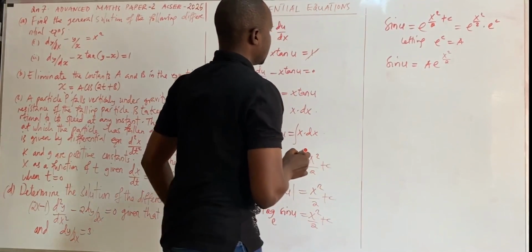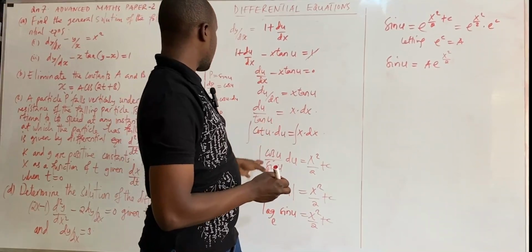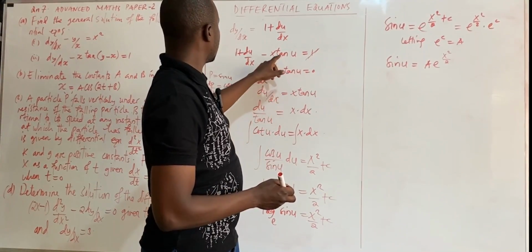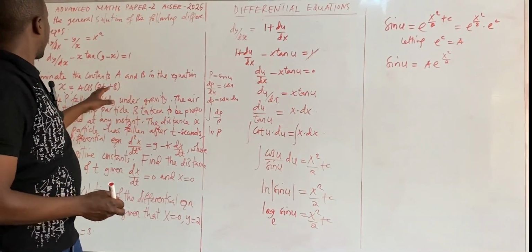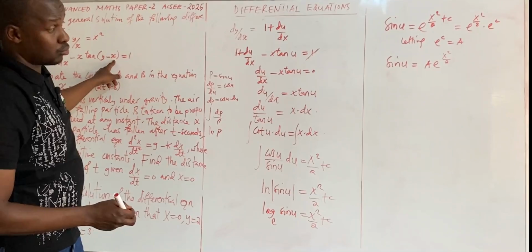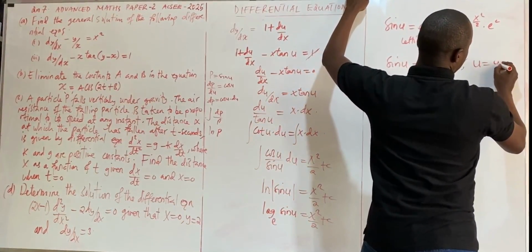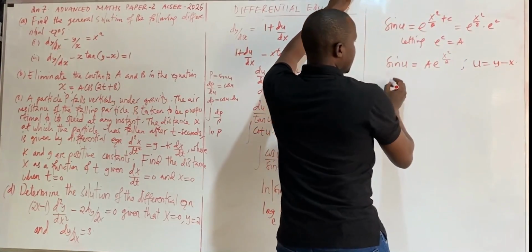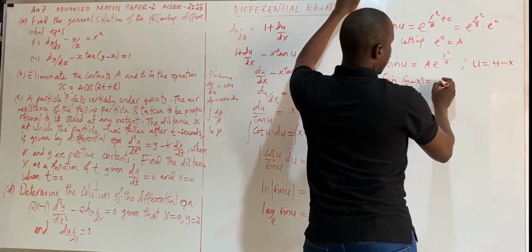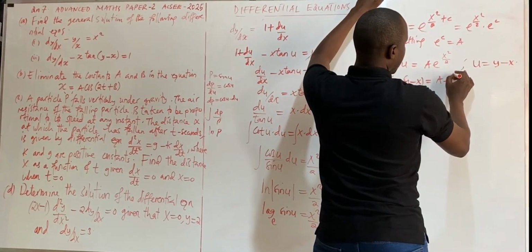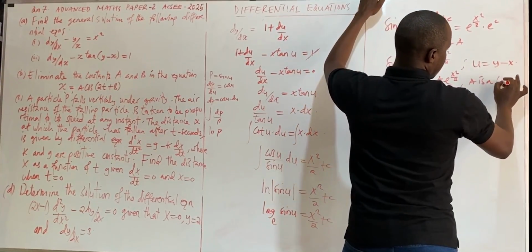Now from there, we need to replace the letter u. Remember, we formally said y minus x equals u, that is, u equals y minus x. So here it will become sin(y minus x) equals a e raised to x squared over 2, where a is a constant.